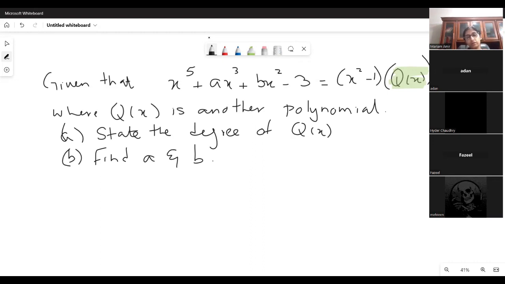So what's going to be the biggest power of x in q of x? Cube. Why cube? The greatest power is x to the 5, because when x cubed multiplies with x squared, we get x to the power 5. So q of x has to be a cubic polynomial. So the answer for this part is 3.